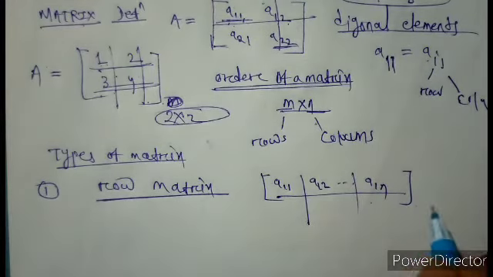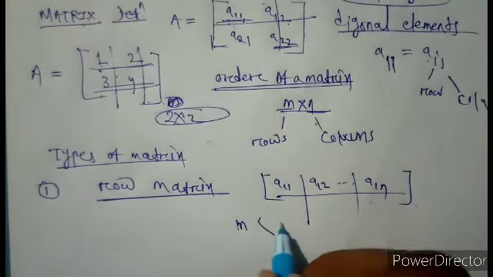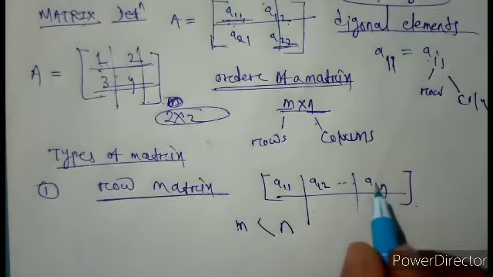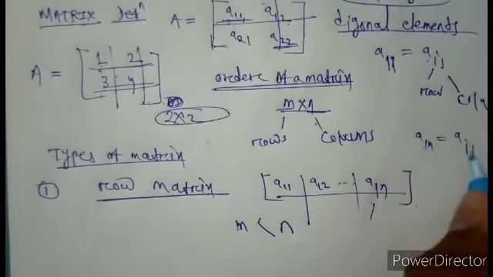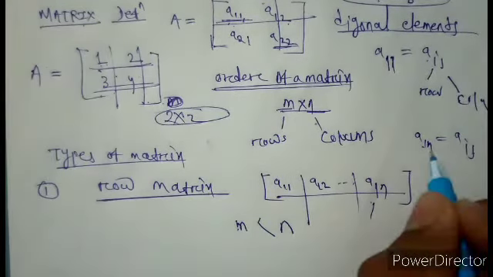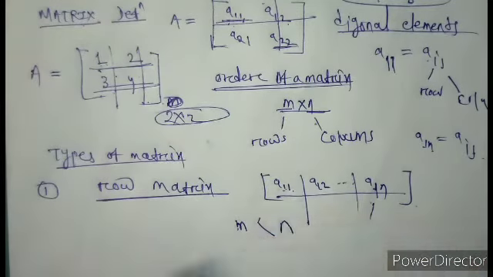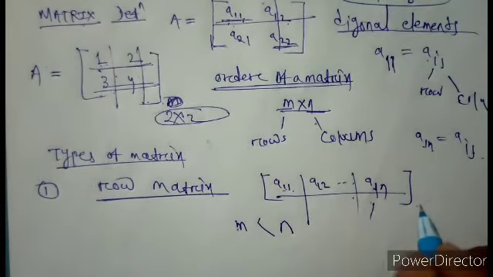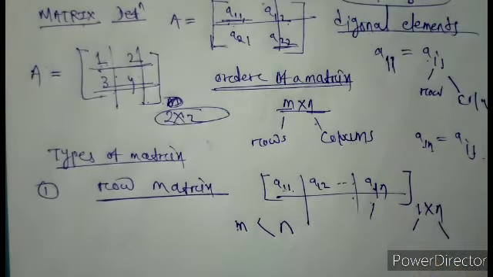So here the number of rows, that is m, is less than the number of columns. Here 1 refers to row and n refers to column, so it is called a row matrix. And the order of this matrix is 1 cross n, that is row cross number of columns.